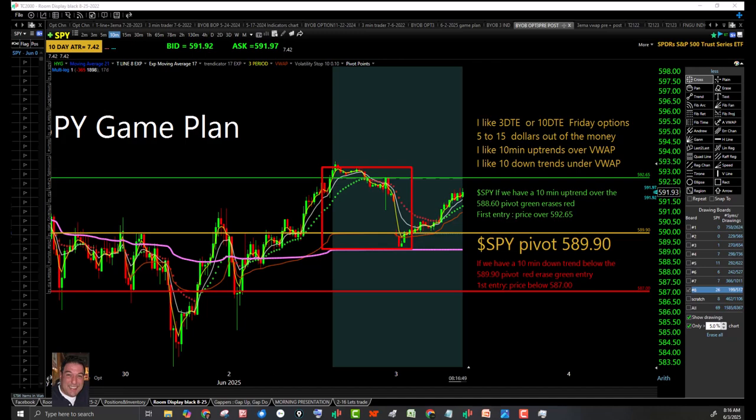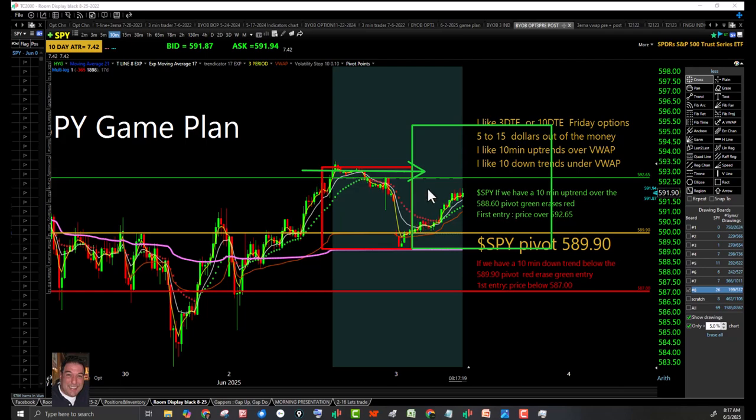And I'll be looking for a green to erase red, right up over that. So like an entry right through here. That would be green erases red. See the pullback in the red? Now green's going to come back in and fill that pullback, probably even fill the gap.